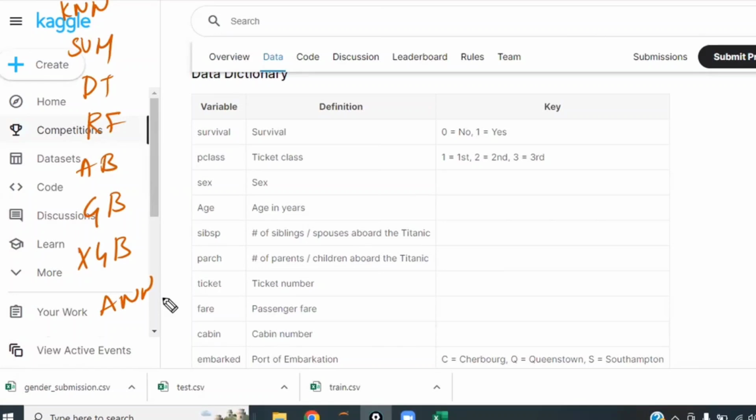These are the different algorithms you have to apply. Finally, find which algorithm is the best one, and using that algorithm, predict the answers. Whatever answers are predicted, you submit to Kaggle.